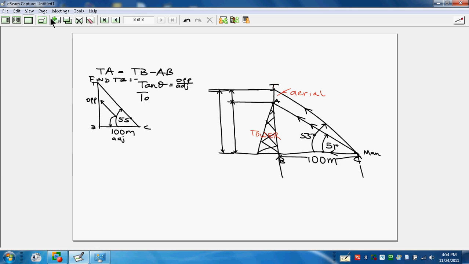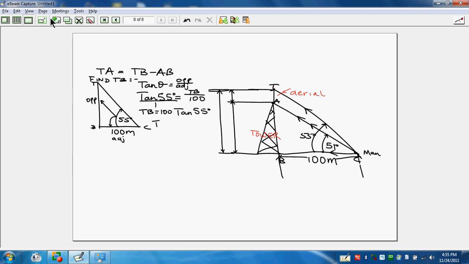So therefore tan of 55 degrees will be equal to opposite, which is TB, over adjacent, which is BC, and BC is 100 meters. So if we cross multiply, we will see that TB will be equal to 100 multiplied by tan 55 degrees.